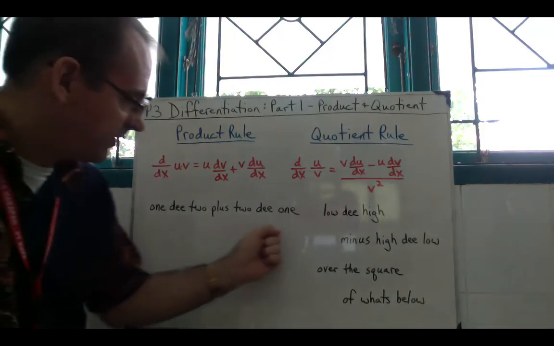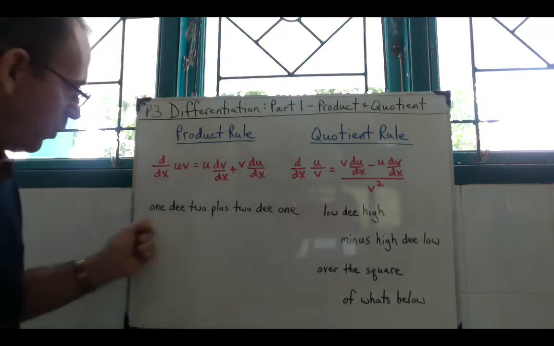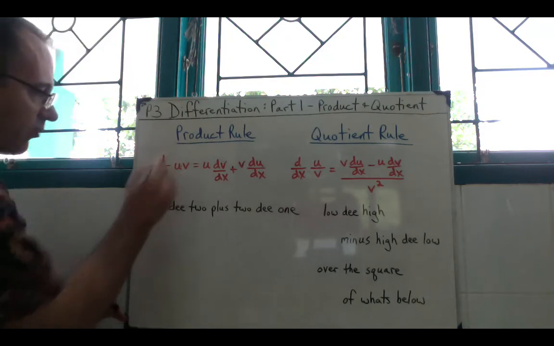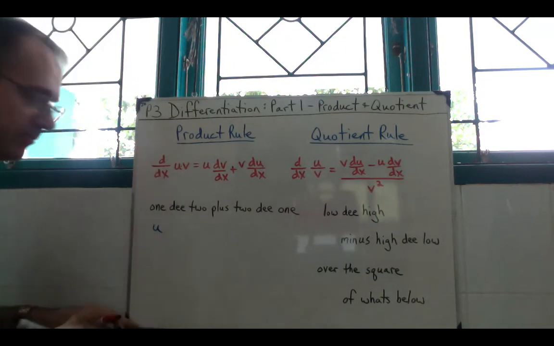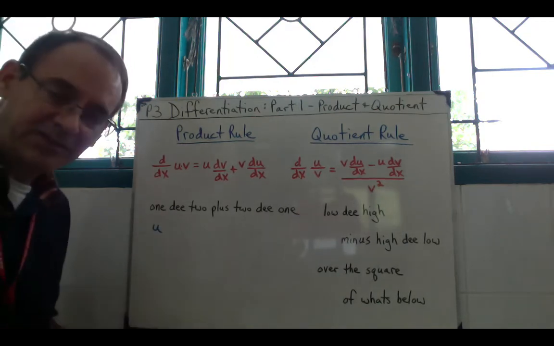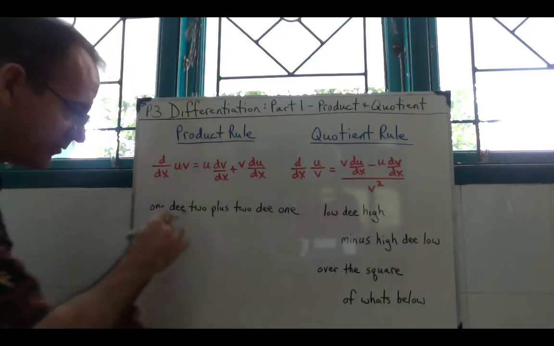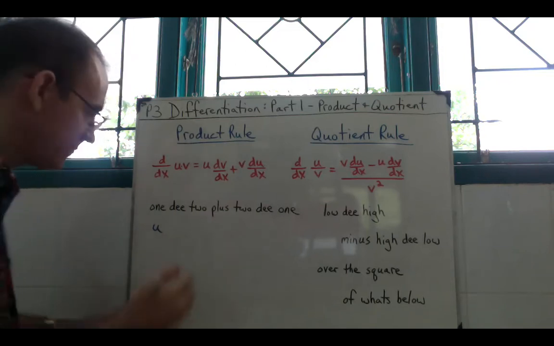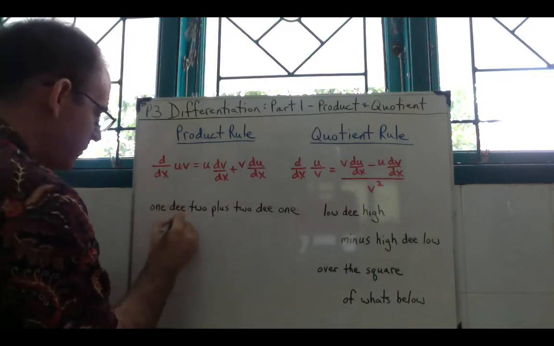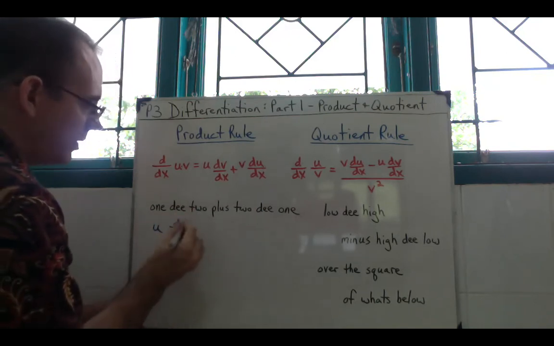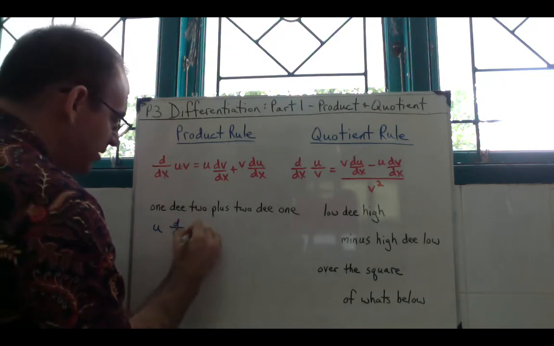1d2 plus 2d1. What does this mean? 1 represents your first term, u. D is a little mnemonic way of remembering the derivative. So 1 times the derivative, d dx, of 2, 2 being the second term.